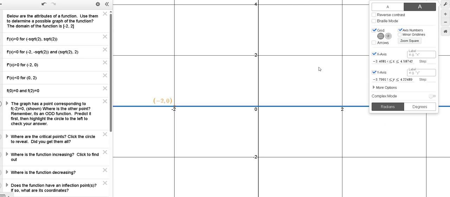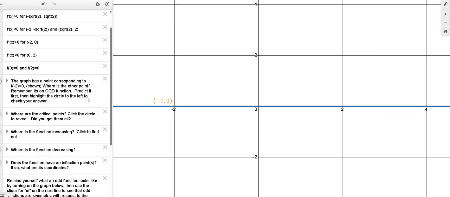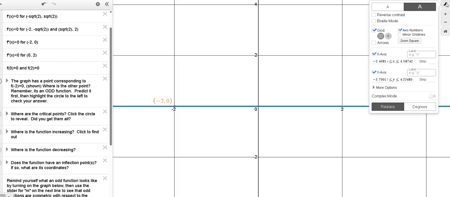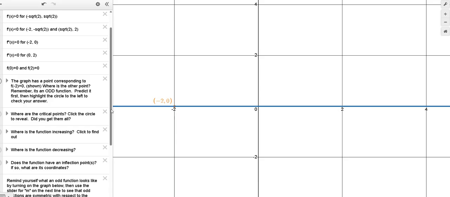So the line that passes through the origin and passes through this other point has to have a mirror image on the other side. So if it's an odd function, then we're going to get a point on the other side of the origin. Where? Yeah, at positive 2. And in fact, there's a couple other points that are drawn for us on our graph right here.